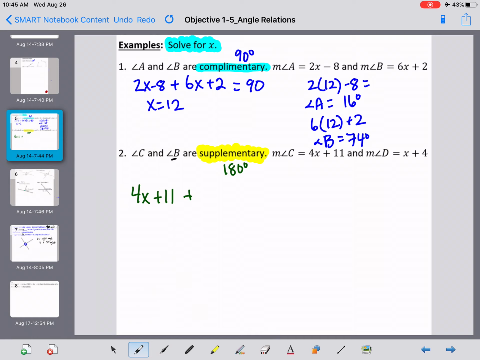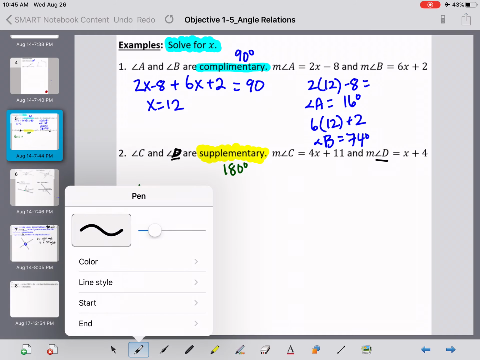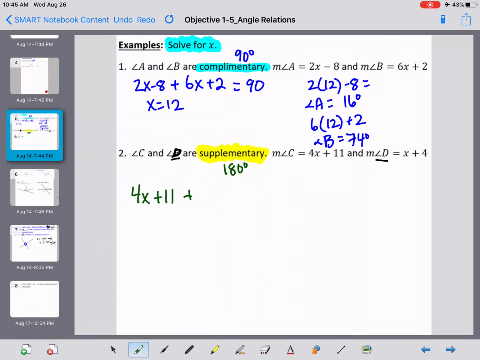Because this says B and this says D. I bet you this is a typo. This is my typo. I'm going to change that to a D. Sorry, guys. All right. 4x plus 11 plus x plus 4 equals 180.